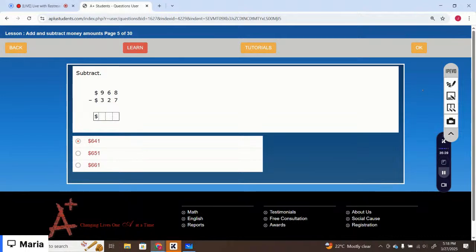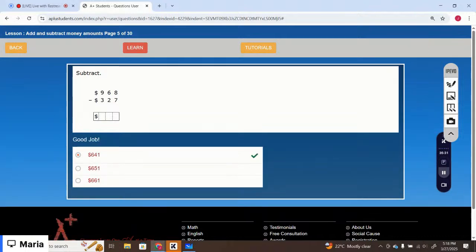Option number one is the correct option, that is $641.